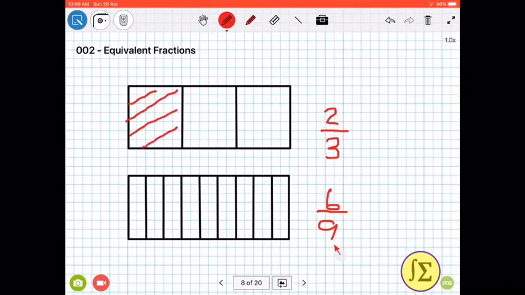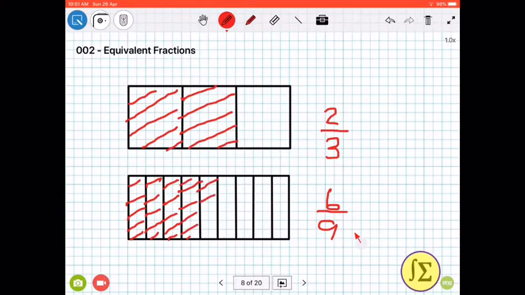For the rectangle at the top, we'll shade two pieces, 1 and 2. So that represents 2 over 3. For the rectangle below, since the numerator is 6, we'll shade 6 pieces. 1, 2, 3, 4, 5, and 6.